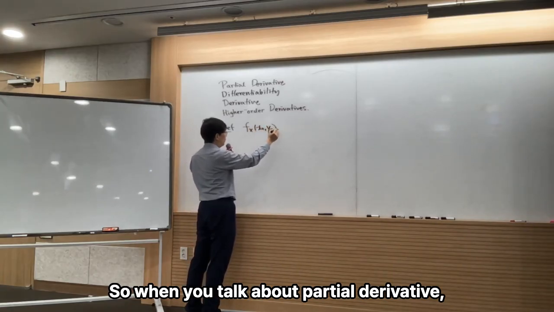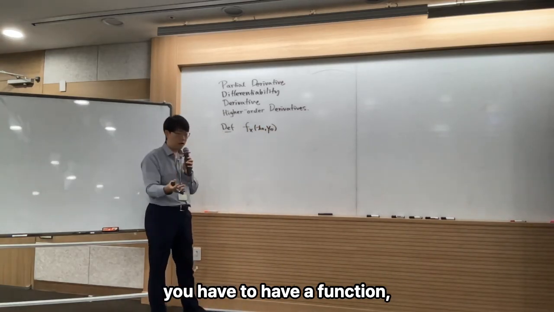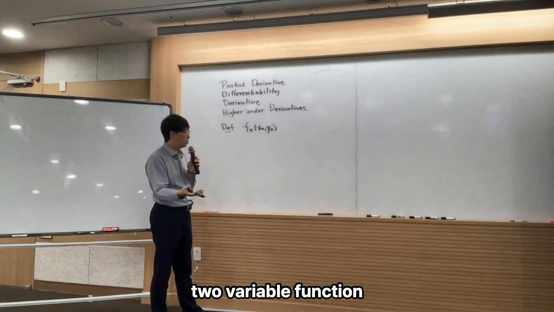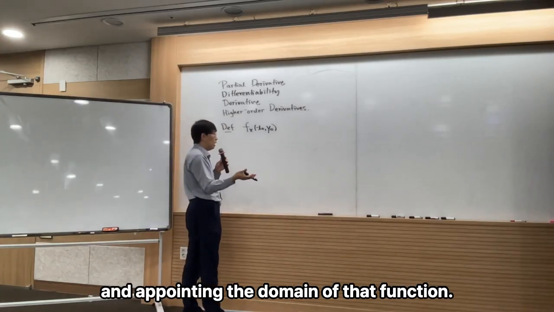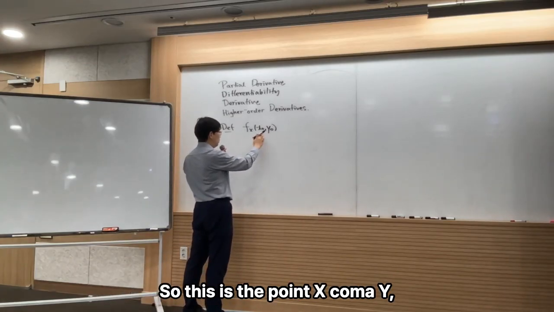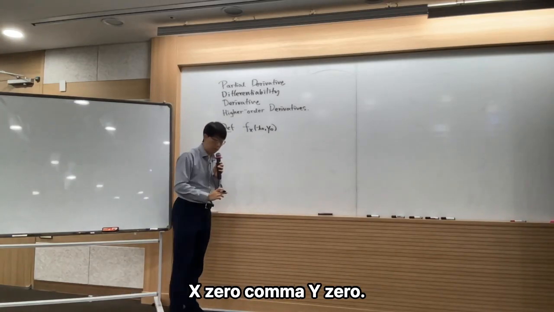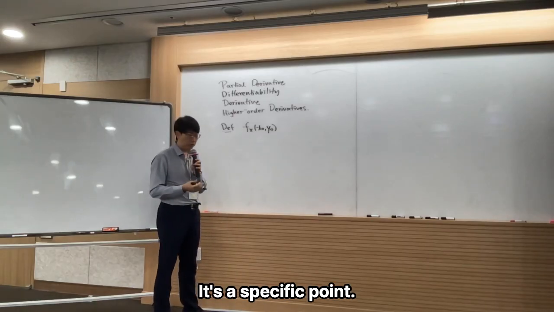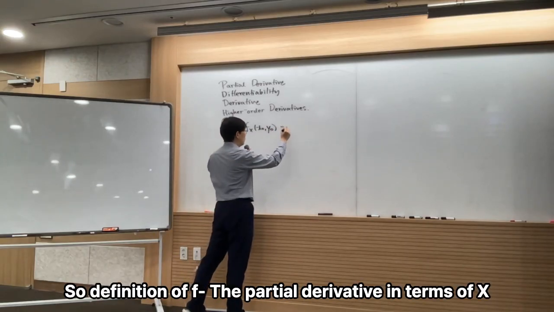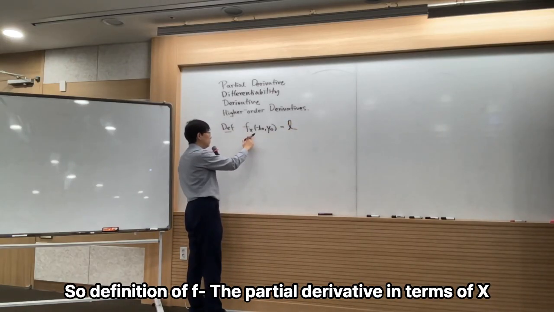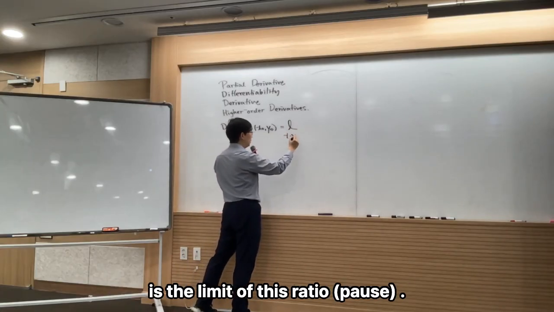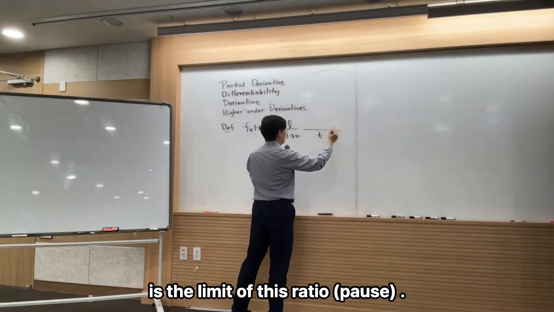When you talk about partial derivative, you have to have a two variable function and a point in the domain of that function. So this is the point, (x0, y0). It's a specific point. So the definition of partial derivative in terms of x is the limit of this ratio.